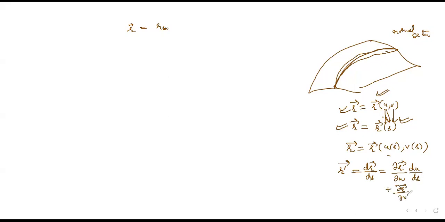So r dash is equal to r sub u into du by ds plus r sub v into dv by ds. So this is what I should have as r dash.